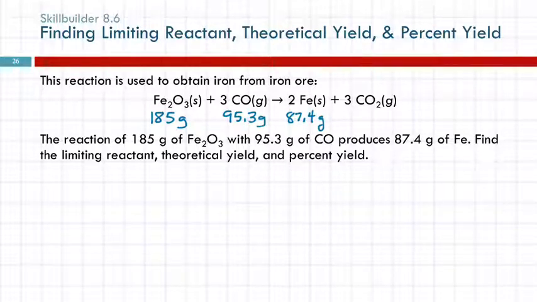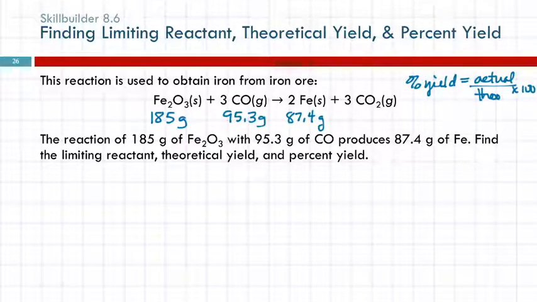Percent yield is the actual yield divided by the theoretical yield, times 100. The theoretical yield is what we've been calculating. But how are we going to know what the actual yield is?